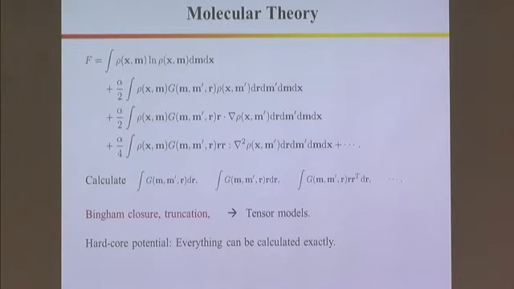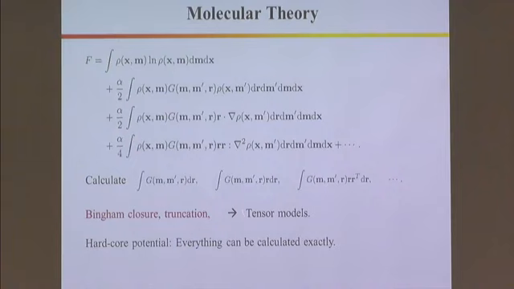Then you can reduce the F in this way. Actually, Onsager got this formula, but if you keep more terms, you can get the elastic energy. So with the Bingham closure truncation, you can get the tensor models.